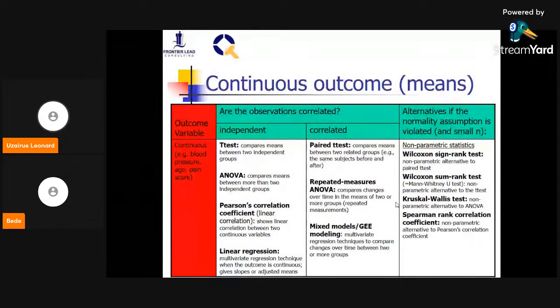That is actually a repeated measure. So in this case, you use what we refer to as repeated measures ANOVA, and they must be normally distributed for you to use this. If they are not normally distributed, you use either the Mann-Whitney test or the Kruskal-Wallis test.